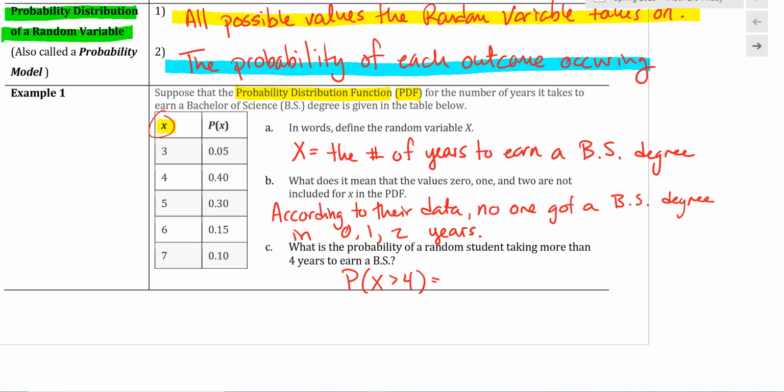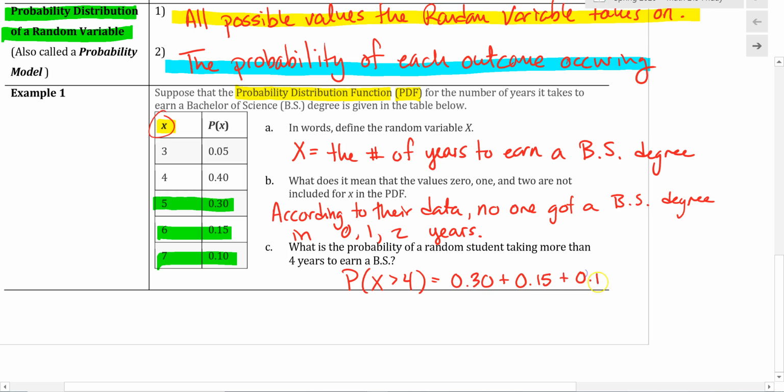Well, if we're talking about the chances that it's more than 4, that means it could take 5 years, 6 years, or 7 years. What's the probability that it takes 5, 6, or 7 years? Think about the probability rules we just learned. I'm saying 5 or 6 or 7. We know with an or statement we add probabilities. So this would be 30% plus 15% plus 10%. I'm adding up those probabilities right there.